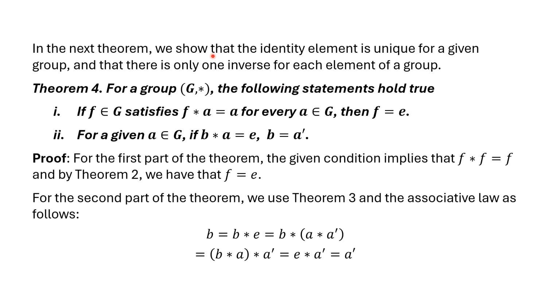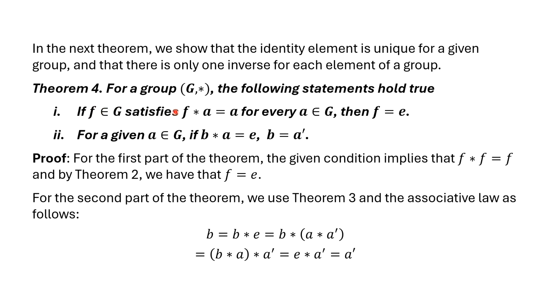In the following theorem, we show that the identity element is unique for a given group, and that there is only one inverse for each element of a group. We've stated it a little bit more precisely here. For a group G with operation star, the following statements hold true.